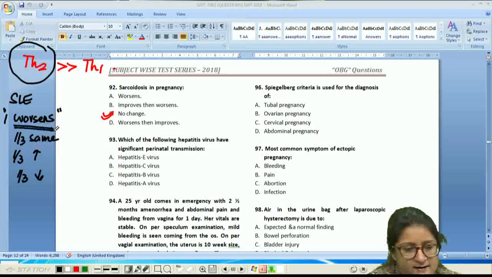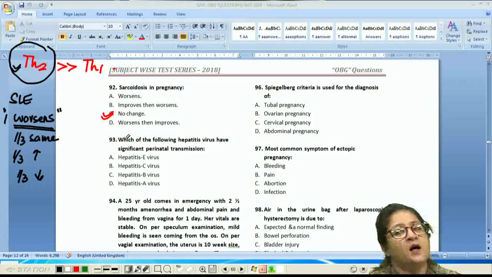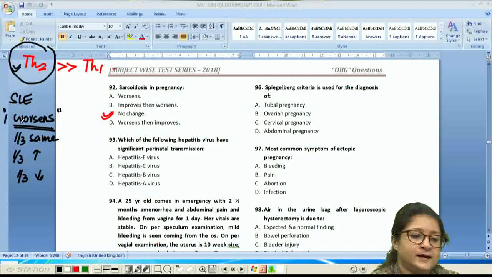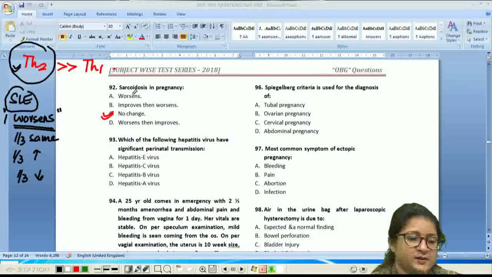But mainly SLE worsens because the Th2 response is heightened, and SLE depends upon the formation of antibodies. That is why any disease which pertains to humoral immunity will worsen in pregnancy.